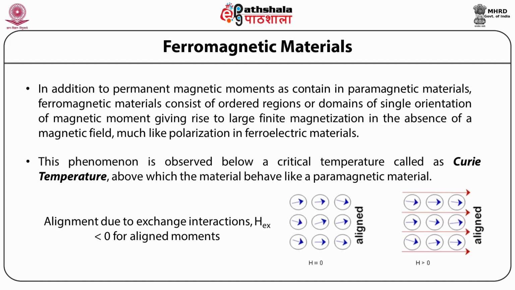Now, with the application of an applied magnetic field, there are better aligned dipoles leading to a large induced moment. And this alignment is due to the exchange interaction for aligned moments.